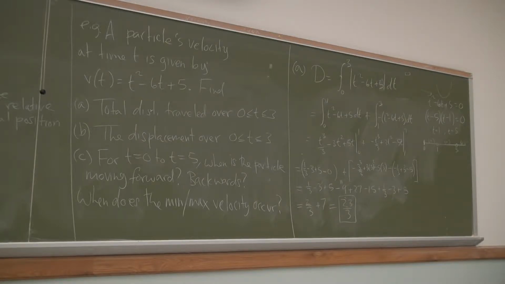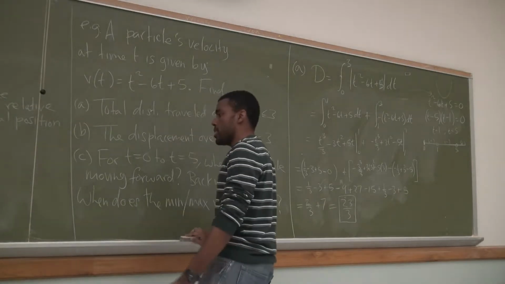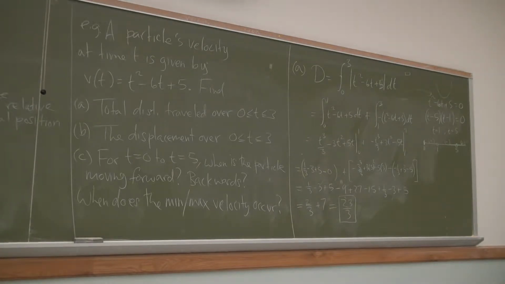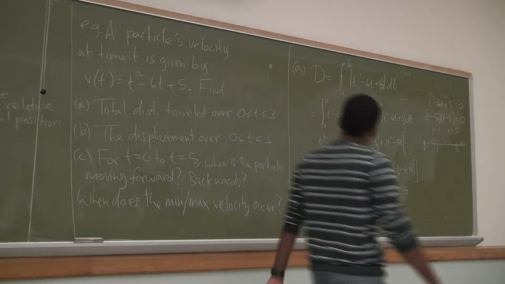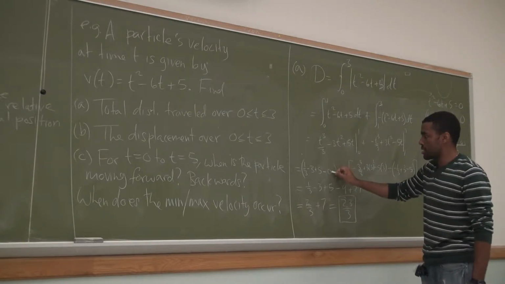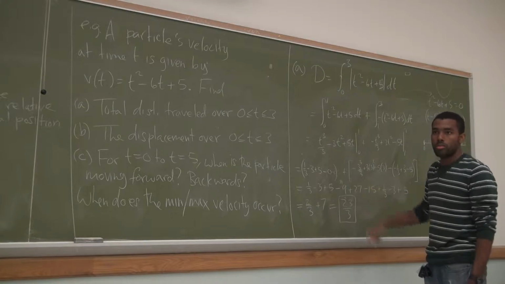Yeah. Why isn't there plus c? Oh, when you're doing definite integrals, there is no plus c because they would always cancel each other. Right? If I had a plus c, I would have a plus c here minus a plus c there. Right?